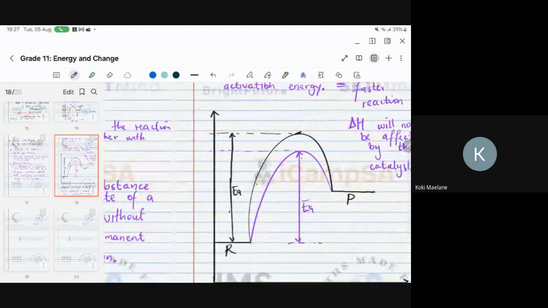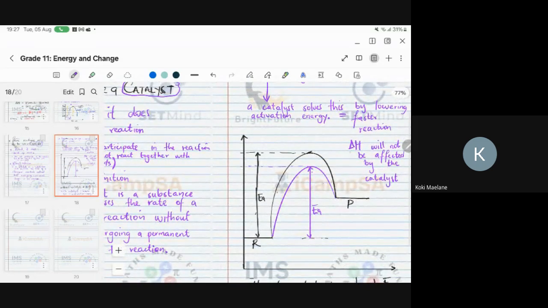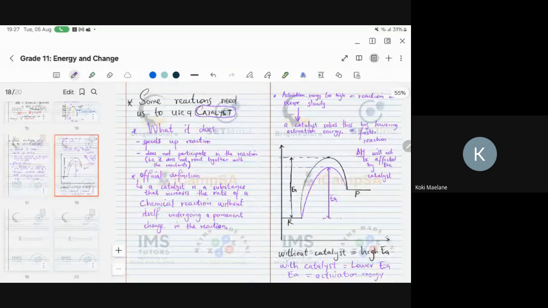That's why if you check, even though these two graphs, the one without a catalyst and the one with the catalyst, have different activation energies, they have the same start and end points, right? Because delta H will not be affected by the catalyst. So that's what it means.